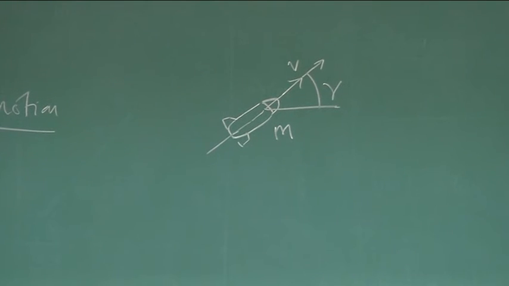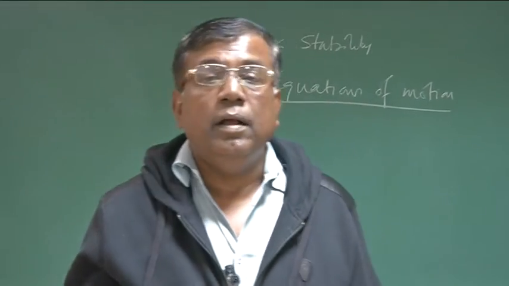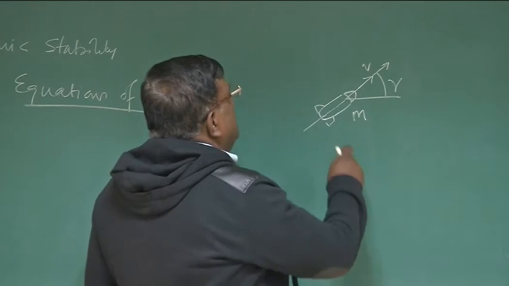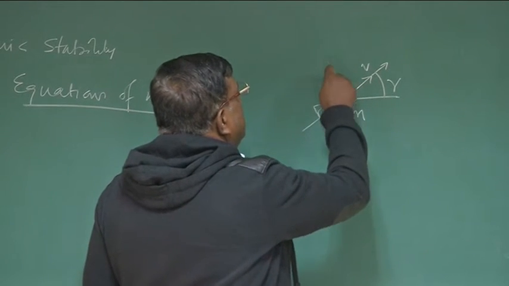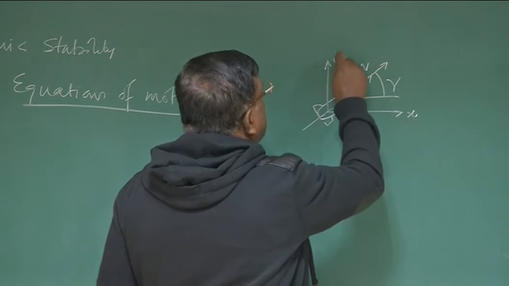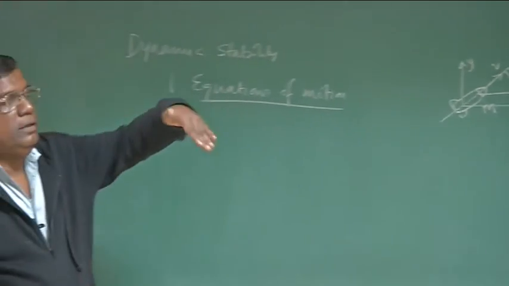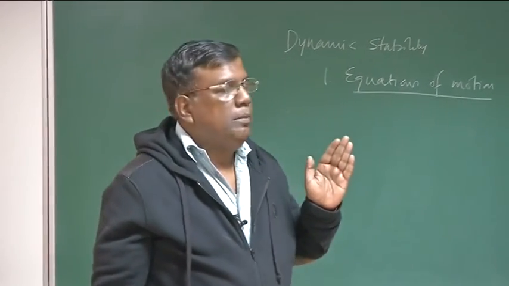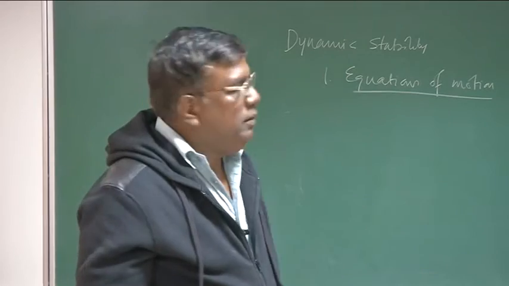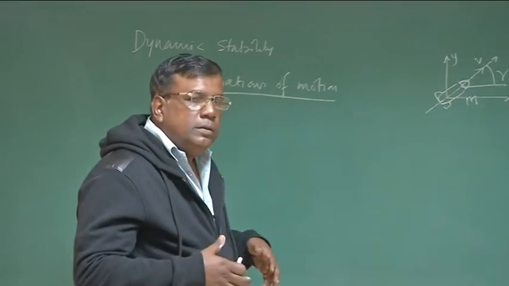That means we want to know how its position is changing and how its velocity, its speed, is changing. What we do is fix some x, y axes, the coordinate system. I am thinking of a simple planar trajectory, that is, assuming that the projectile is fixed in the vertical plane. This example is just to illustrate how to start thinking.